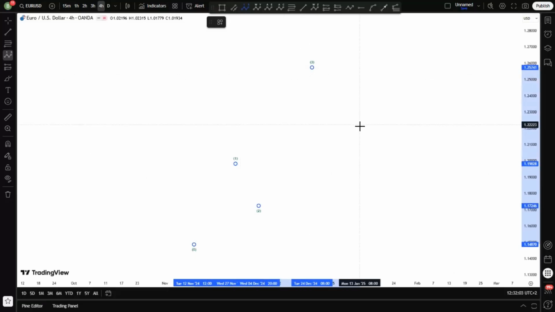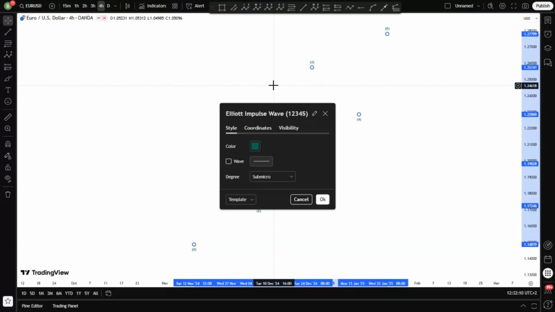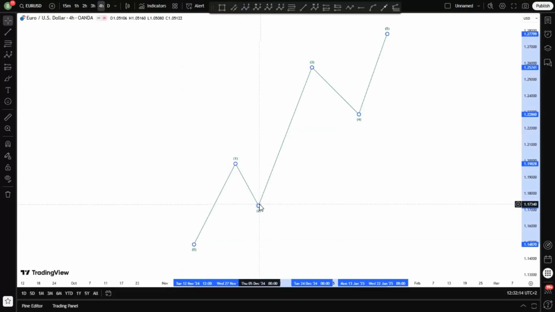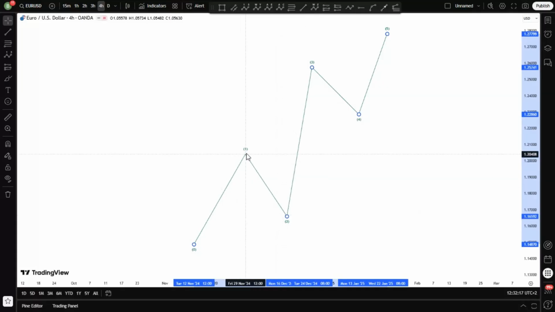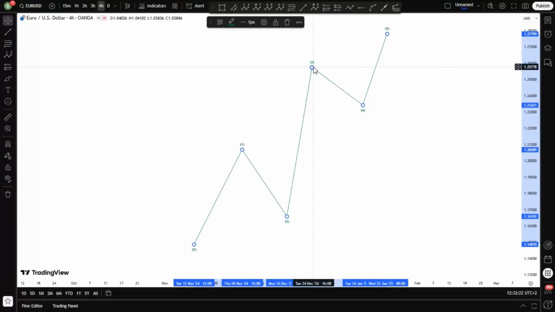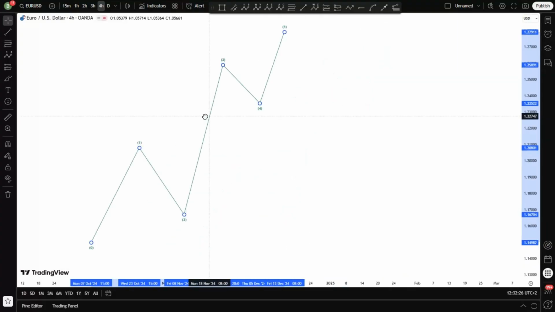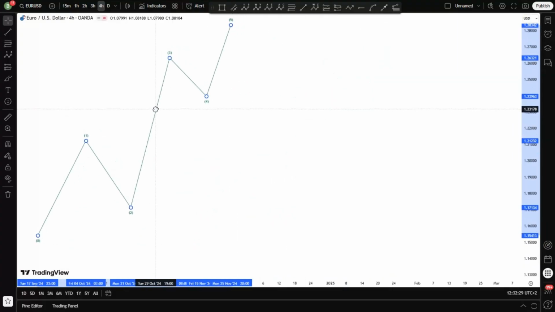So today I want to focus on going deep when we talk about the motive wave or the impulse wave, because last time we had a conversation on this. It was basically about the basics of the motive or impulse wave.